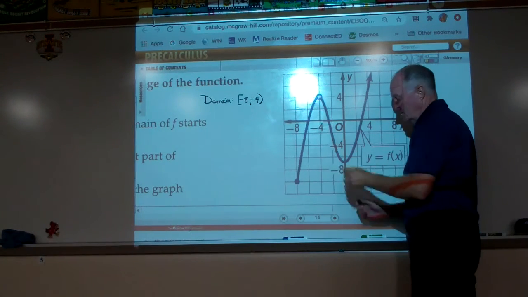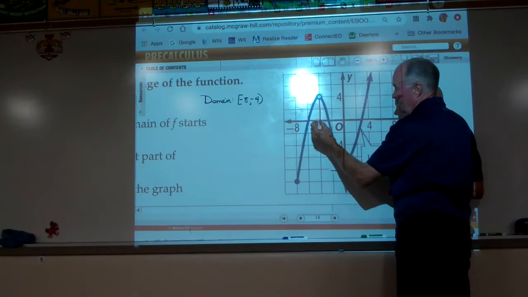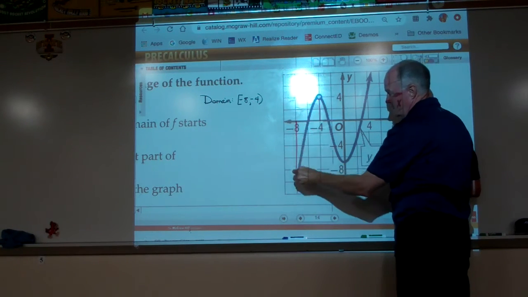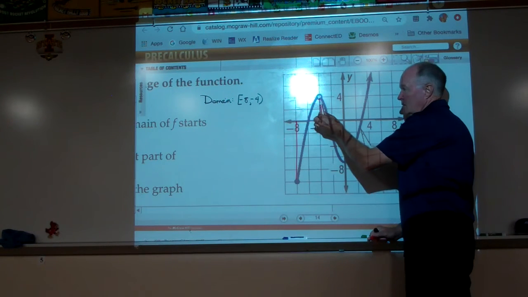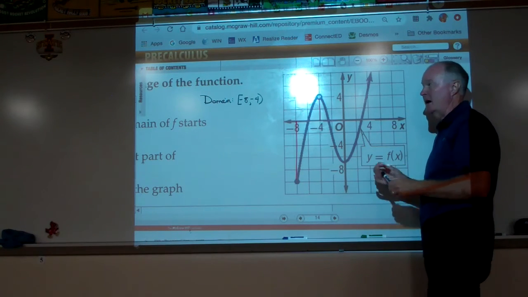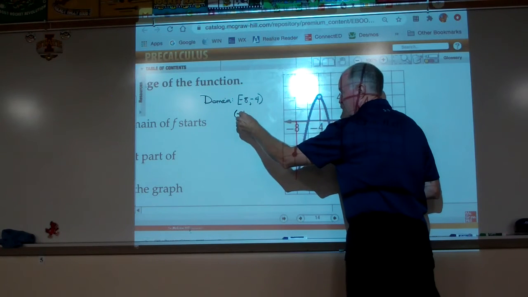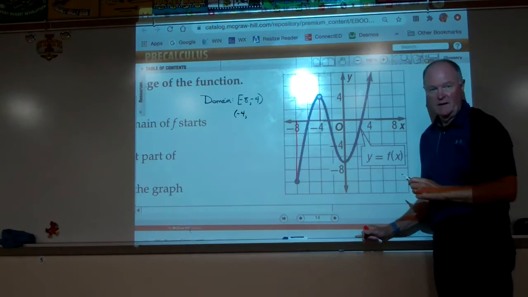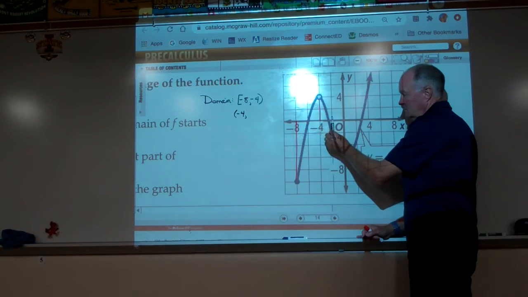So that's one chunk from here to there, x's that I've used so far. Well, I pick up again just on the other side of -4, so that's another open dot. So that's going to be starting on the left side at -4. Then it's going to keep going.